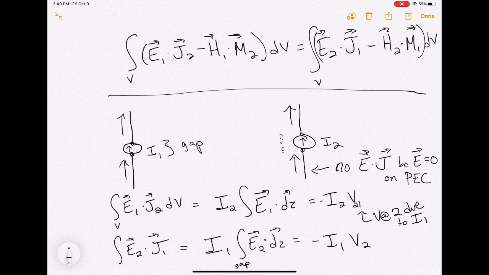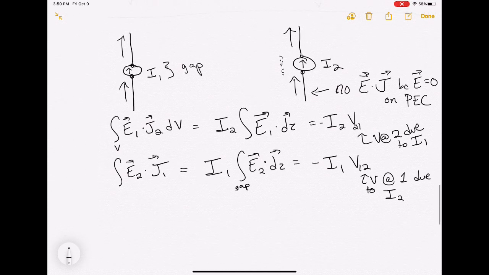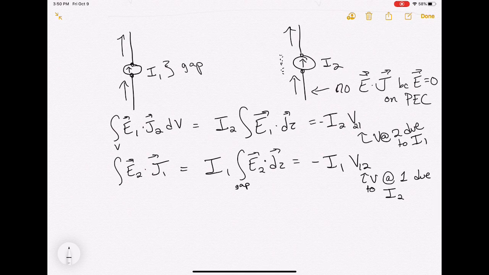And the same thing over here. This is not just V2. It's going to be V12, which is the voltage at antenna number 1 due to a current at antenna 2. So that's why we have V12 there. So what we've gotten right now is that these two products are equal.